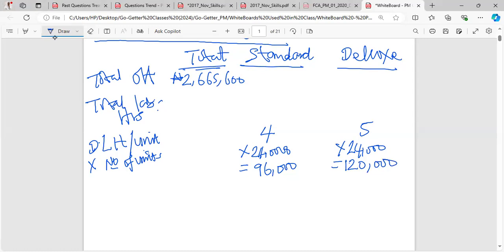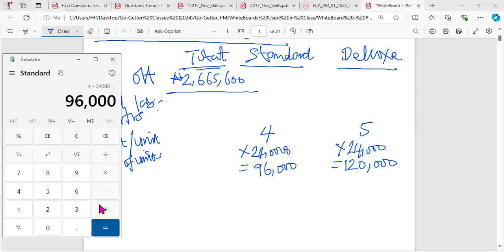Now I will be adding the two of them here to get the total, because I'm going to be dividing by the total. I already have 96,000 here. I need to add my 120,000 to it, and it gives me 216,000.